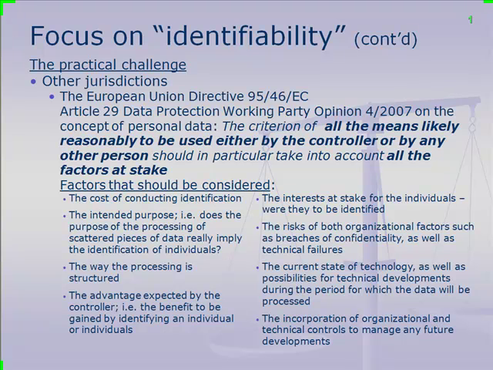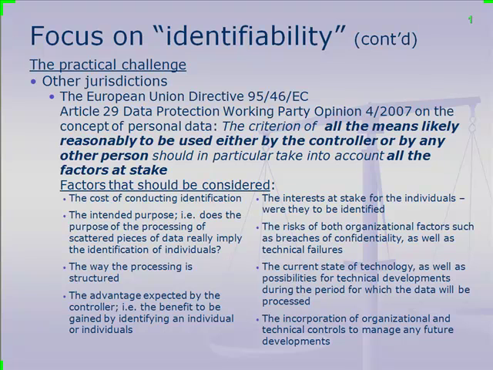And what I found interesting and potentially very useful was in that paper, they deal with this. They say the criterion of all the means likely reasonably to be used either by the controller or by any other person should in particular take into account all the factors at stake. And then they list all of these factors.